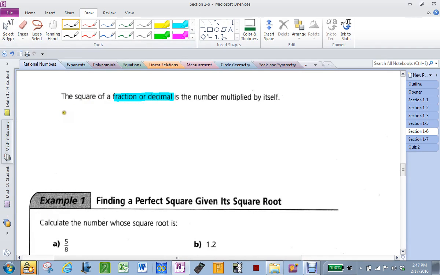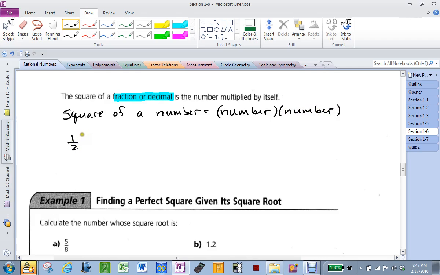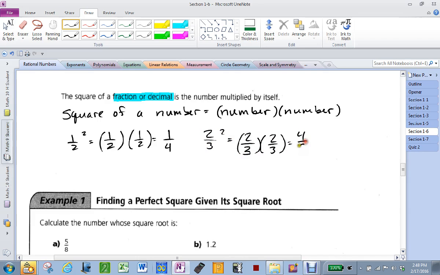So, if the square of a number equals the number times the number, then it must be the same for fractions and decimals. 1/2 squared is 1/2 times 1/2, which is 1/4. 2/3 squared is 2/3 times 2/3, which is 4/9.